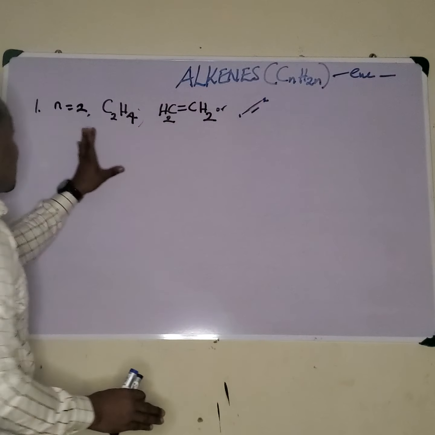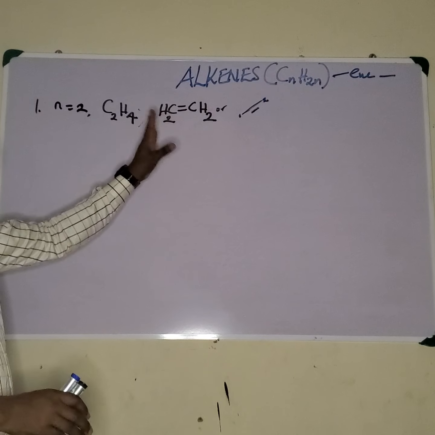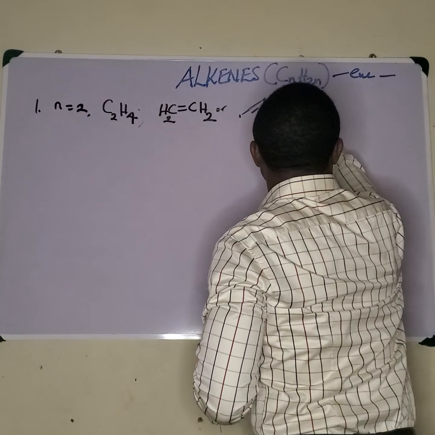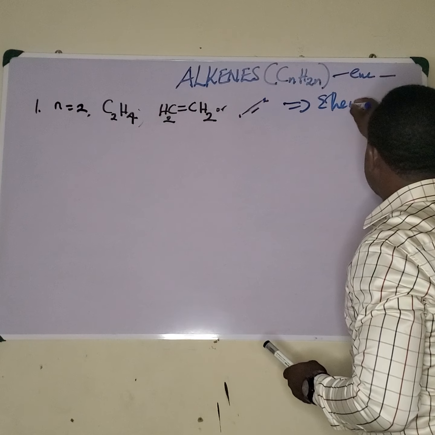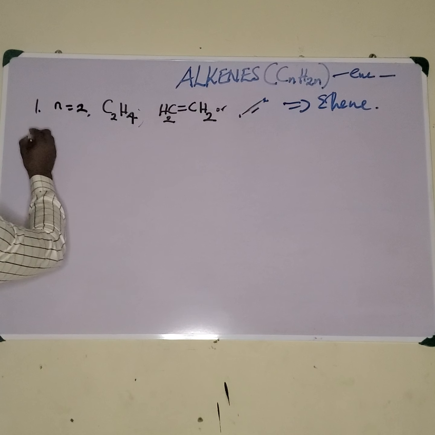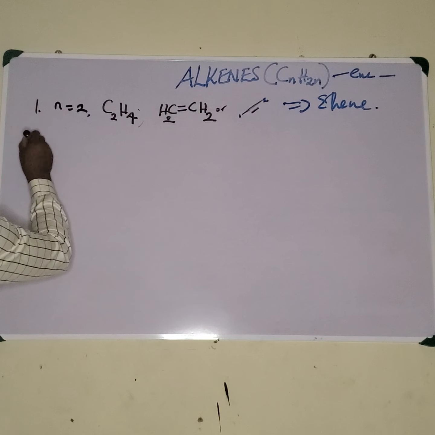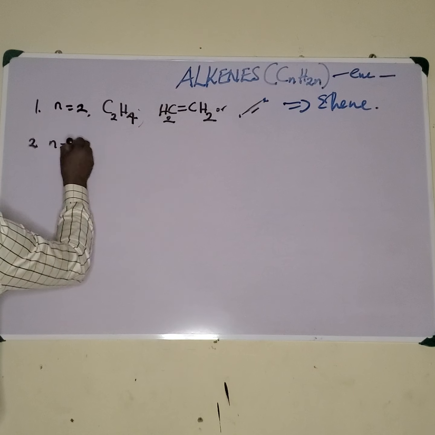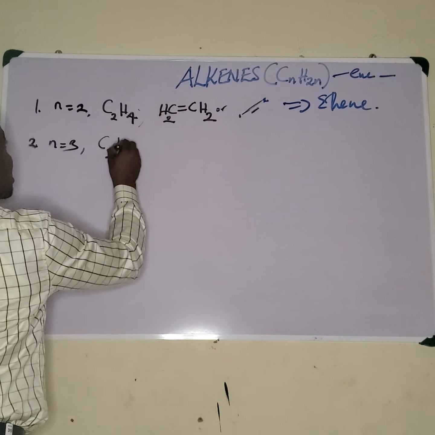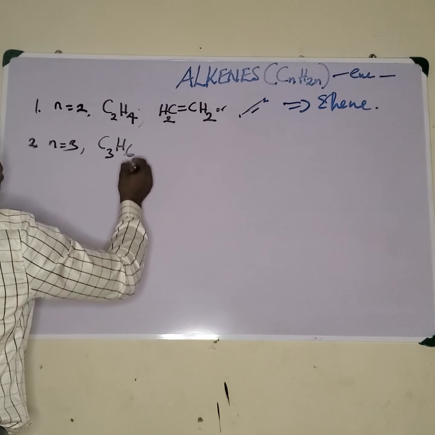This is the first member in the group, and it is named ethene. The second one, when n is equal to 3, we are going to have C3H6.